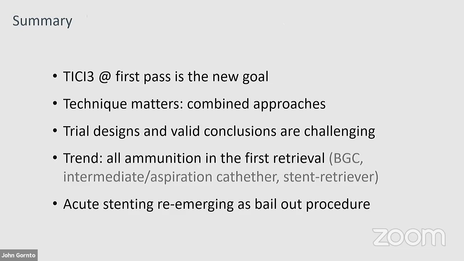But the overall trend that we observe is to put all ammunition into the first retrieval to achieve a first pass TICI-3, so combined balloon guide catheter, intermediate catheter, and stent retriever. And acute stenting in selective cases is re-emerging as a bailout procedure if we have a failed recanalization. Thank you very much.